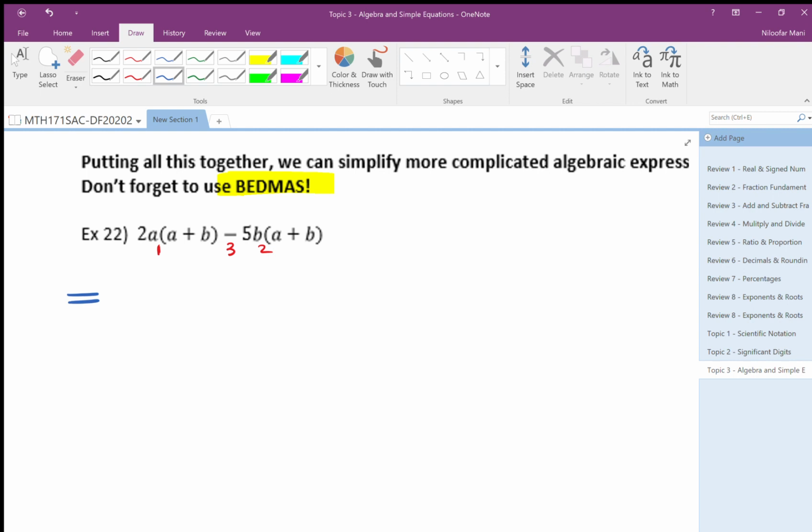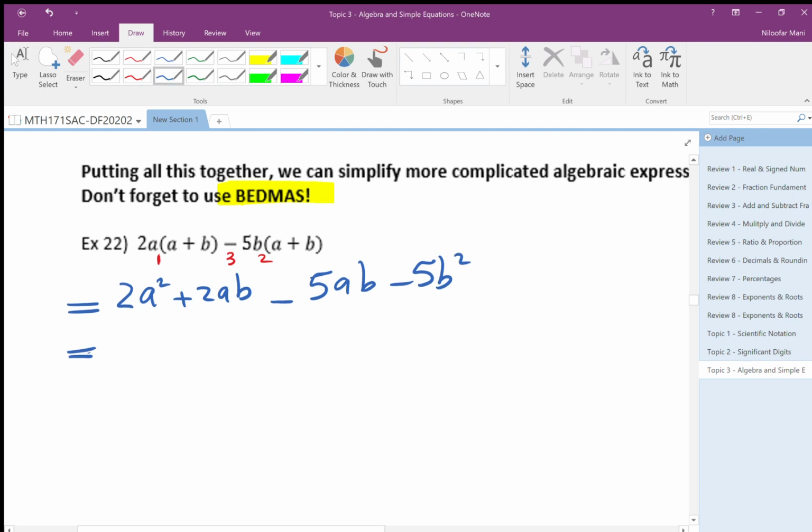Okay, so I multiply first, so it's 2a squared plus 2ab, okay, minus 5ab minus 5b squared. Okay, see, I multiplied, I can do several steps in one line, doesn't matter.